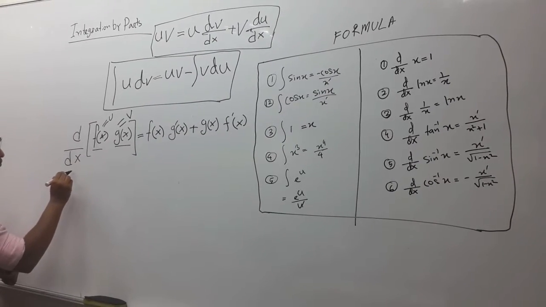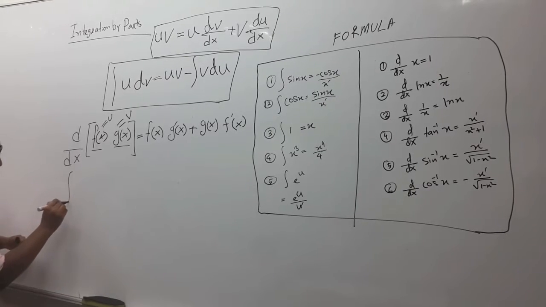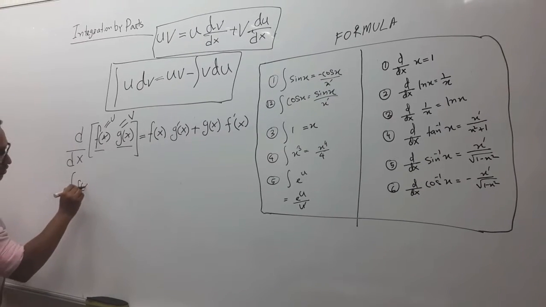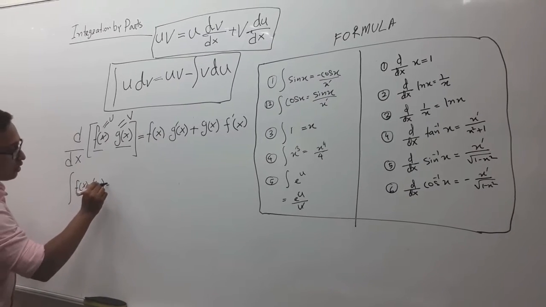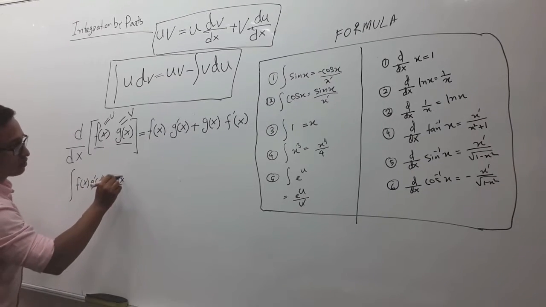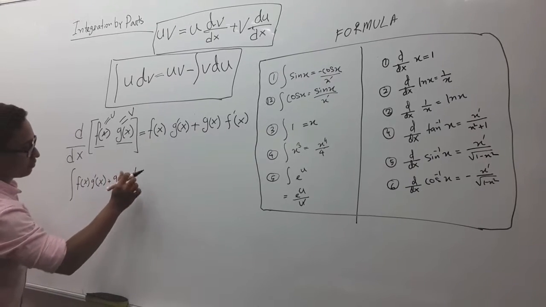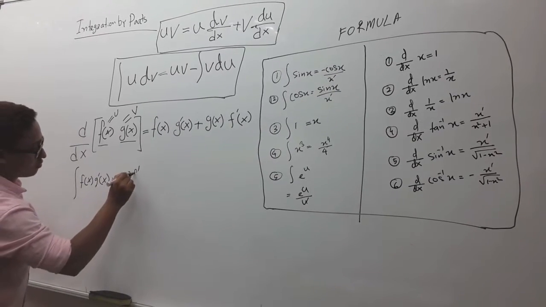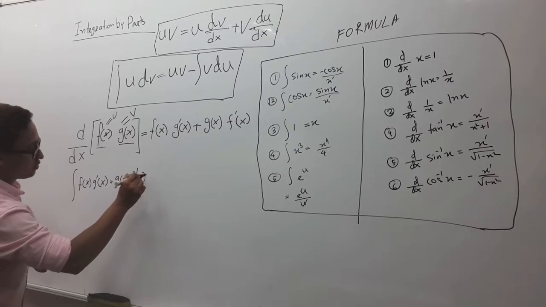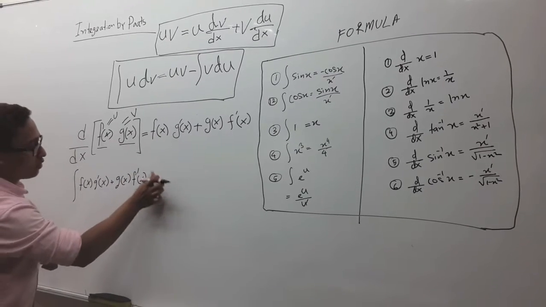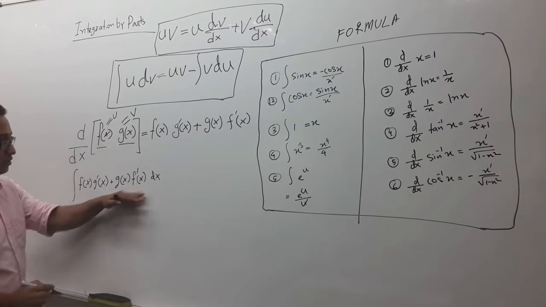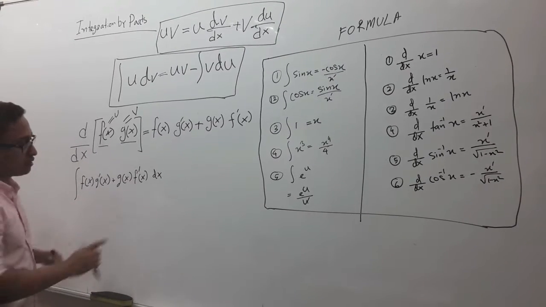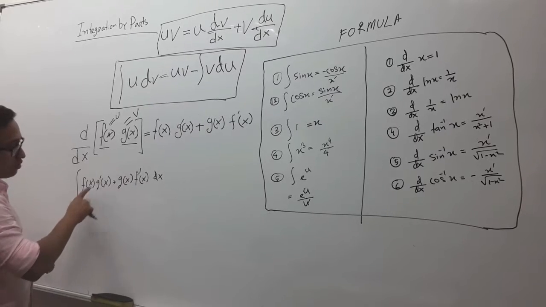Let's say if I integrate this part, f of x g prime x plus g of x f prime x, we have to put dx at the end because we are integrating this function with respect to x. Let's say if there is t, then we have to write dt.